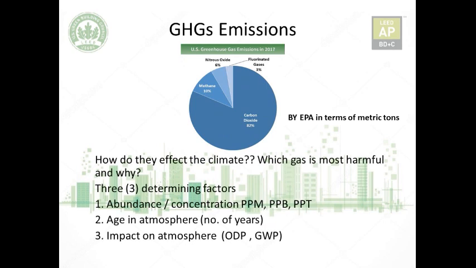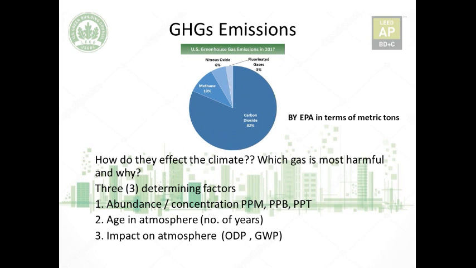Now we know what are the natural gases inside the atmosphere and what are the man-made. So we want to know how they affect the climate, which gas is most harmful, and what are the reasons behind it. In order to determine this, there are three major factors.